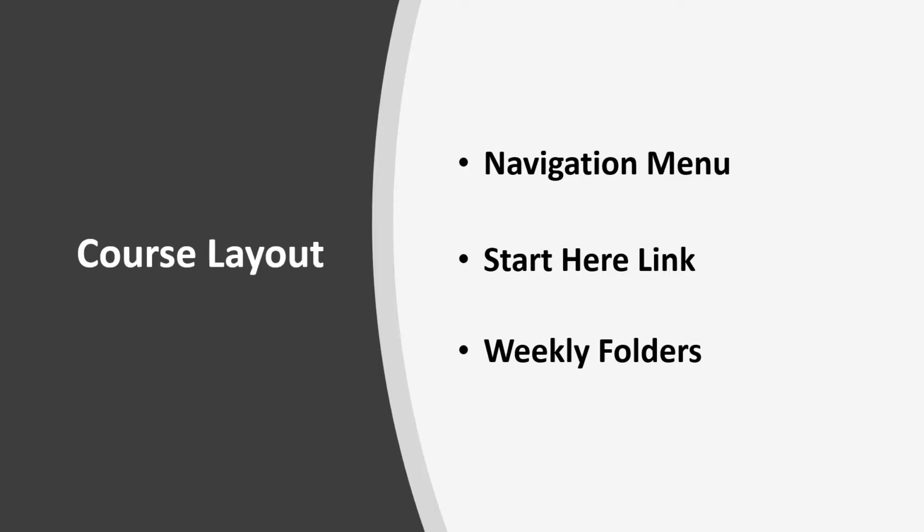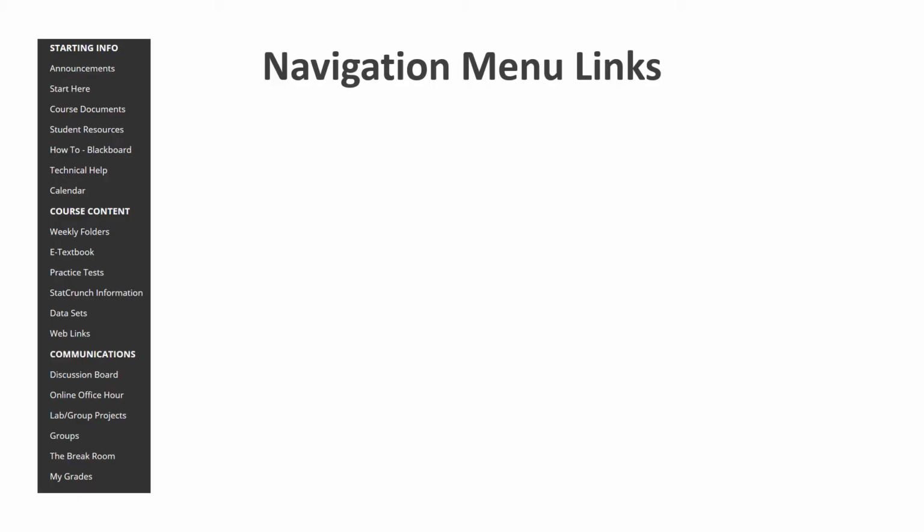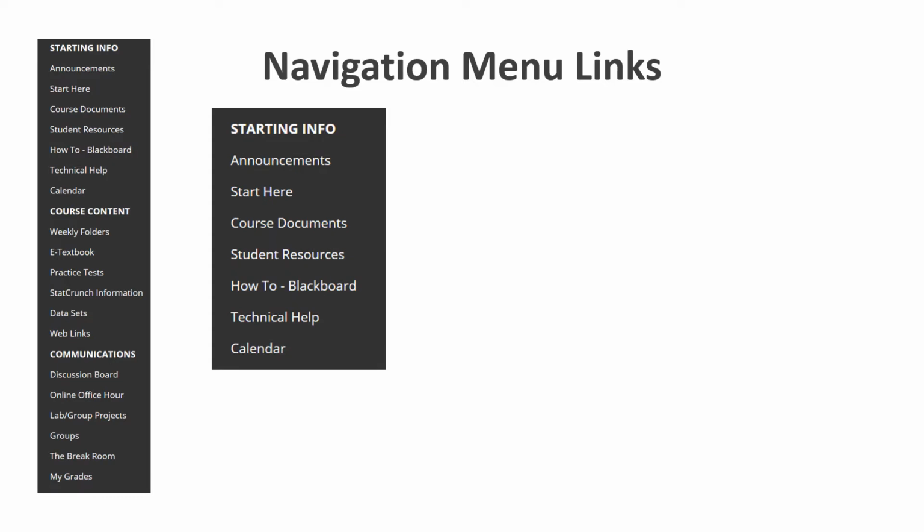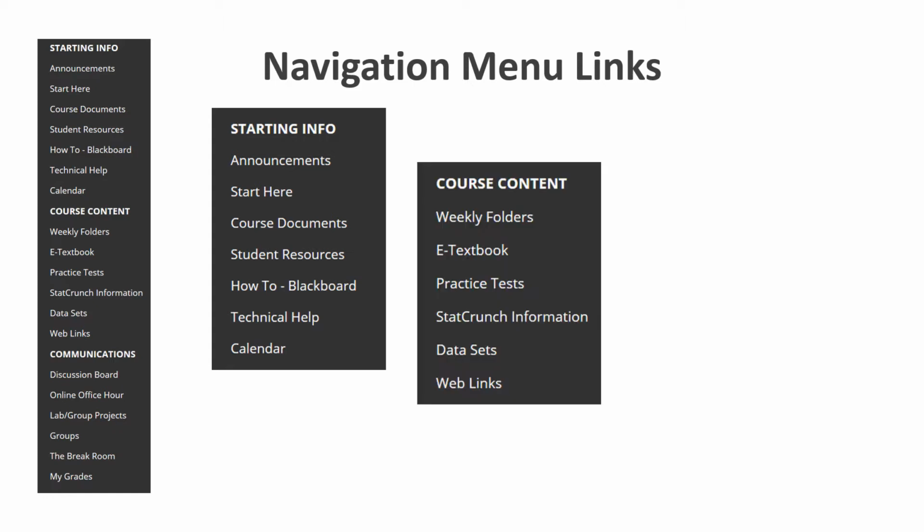These are the three topics for course layout. The navigation menu links are divided into three categories. Starting info, this is where students will find the beginning information for the course, like the syllabus and the textbook. Next is the course content. This area contains the links to most of the course material.